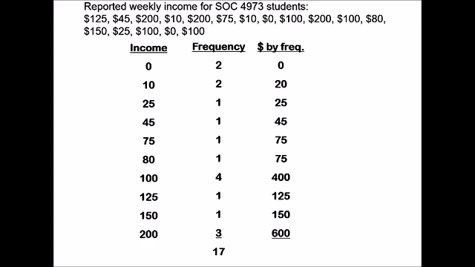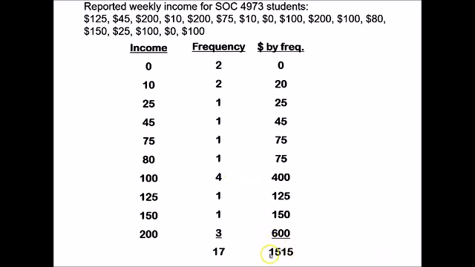And again, 3 students reported $200. And then we sum those amounts. We simply add those amounts up, and we come up with a total amount of income for our class, about $1,500, $1,515 specifically.